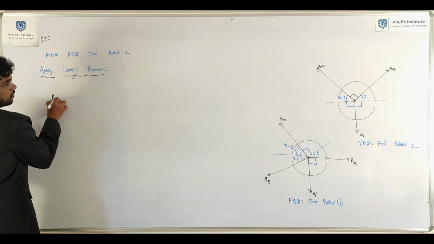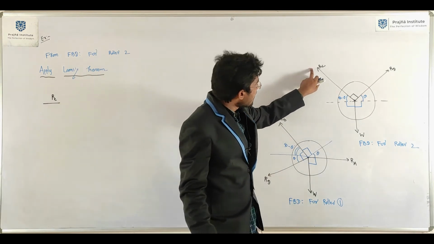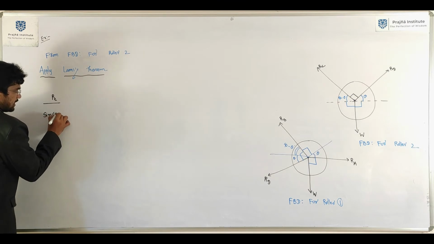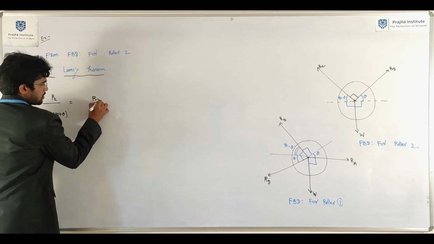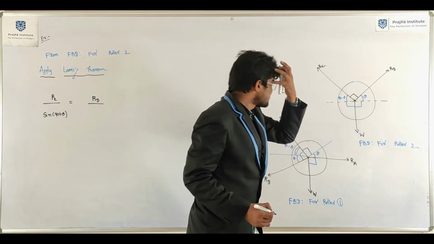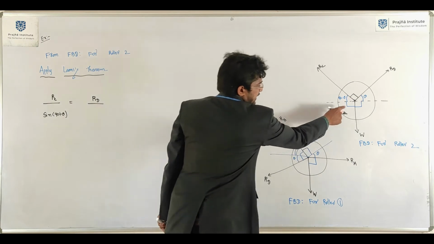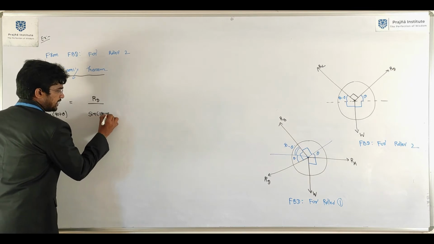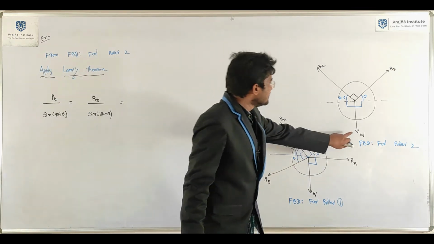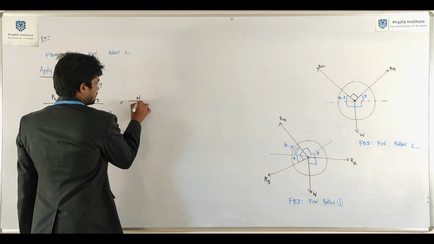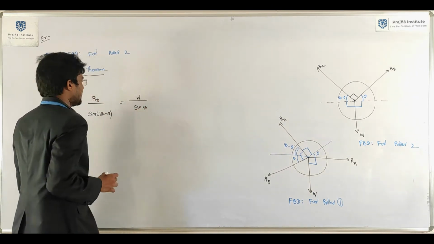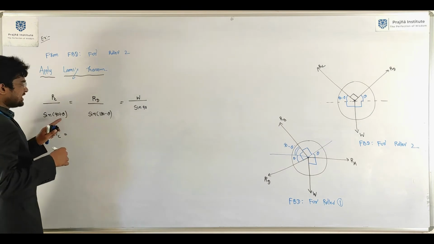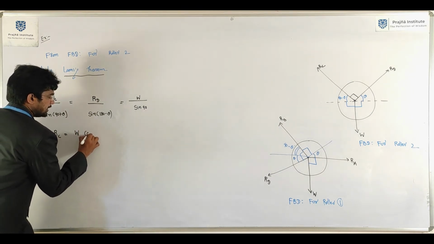RC by sin 90 plus theta, RD by sin 180 minus theta (90 plus 90 minus theta is 180 minus theta), after that W by sin 90. So RC equals W cos theta.